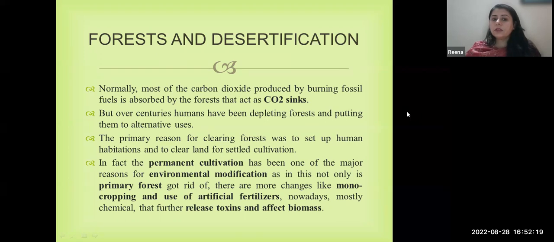But over centuries we have seen that humans have been depleting forests and putting them to alternative uses, and the prime reason is that human habitations want clear and settled cultivation. But when you have more clear and settled cultivation, it really increases the external cost on the environment, and we will study more about what external cost is.